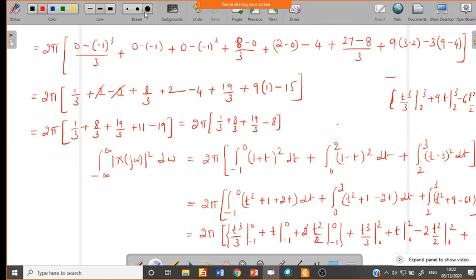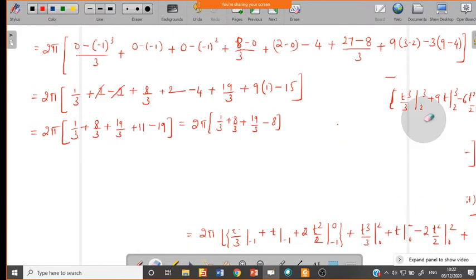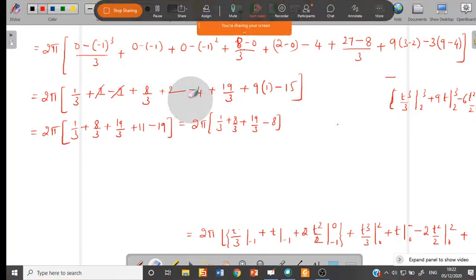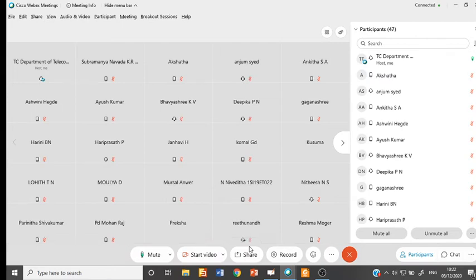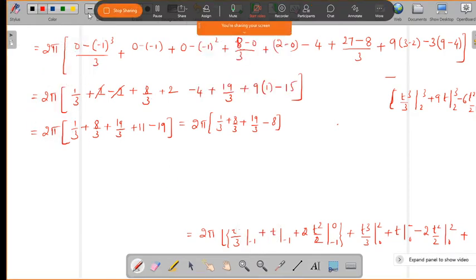Now if you take the common factor, the denominator 3, common value 2 pi into, you will get 1 plus 8 plus 19 minus 8 times 3, which is 24. So it is given by 2 pi into (28 minus 24) divided by 3, which gives 4 by 3. Multiplied by 2 pi, you will get the value 8 pi by 3.